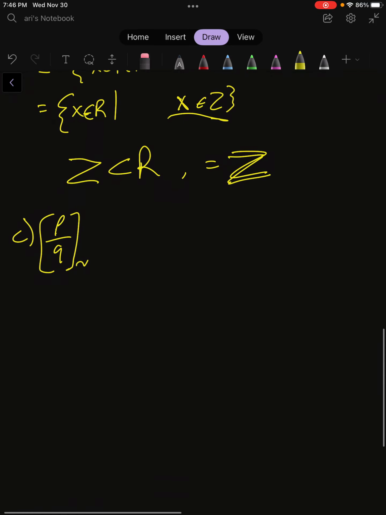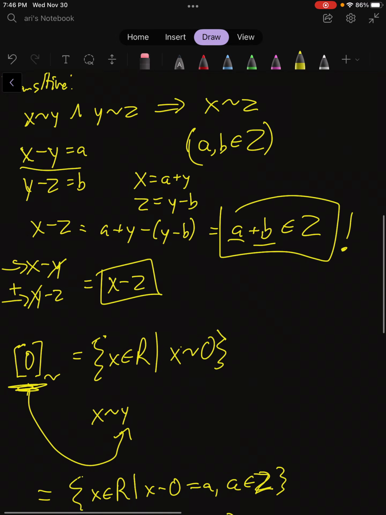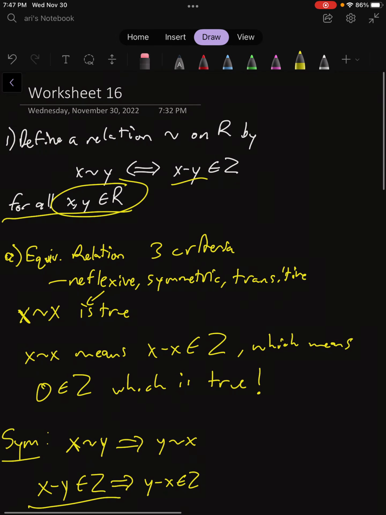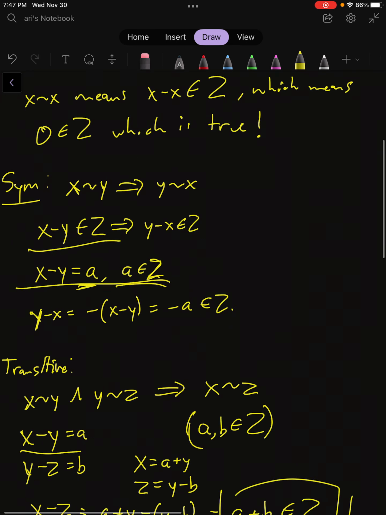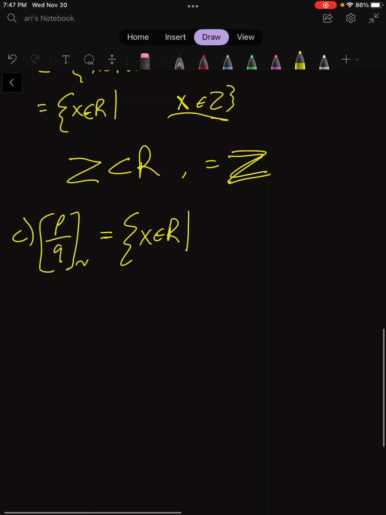So let's just talk about the equivalence class. So here we're going to start with x in R again. We're always going to start with x in whatever universe it belongs to. And here we said that x and y are contained in the real numbers. So that's what we're starting with.